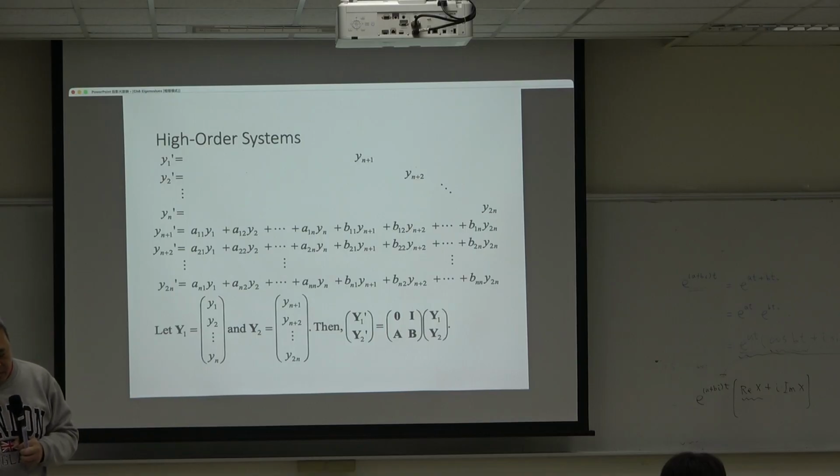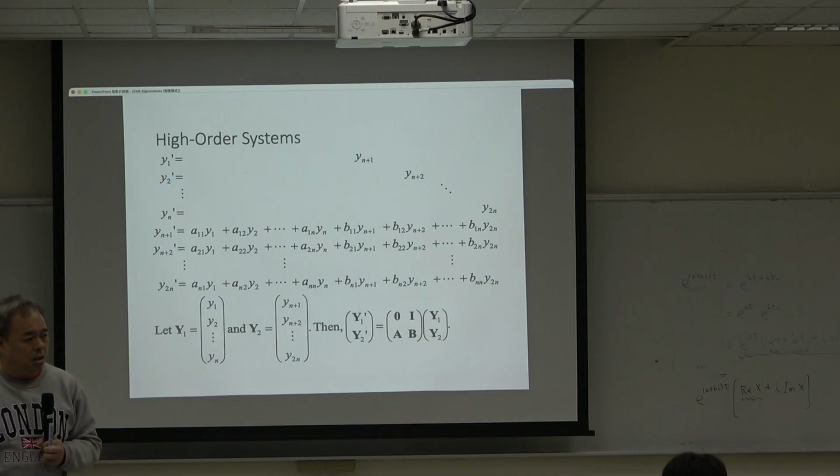Once you finish this conversion, you will be surprised to see that the original order 2 system of linear equations suddenly becomes a bigger system of linear equations, but now it's order 1.